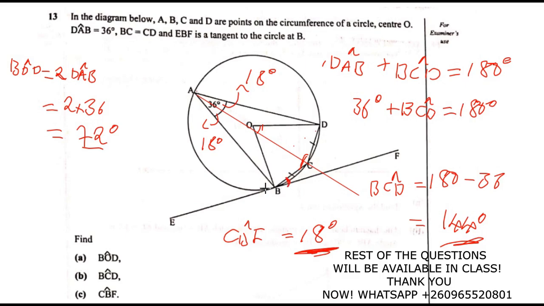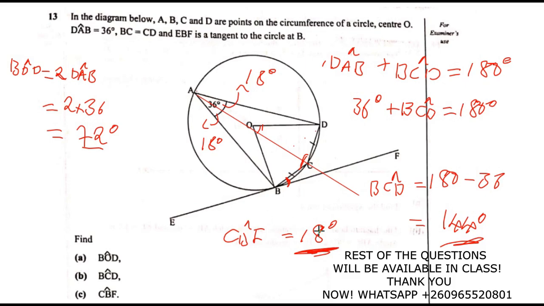This will require a bit of thinking for you, and you might have to go through it again and again to understand it. But basically, if you understand the theorem that the angle made by the chord and the tangent is equal to the angle made by the same chord in the opposite segment, then that will give you the idea of why this method makes sense.